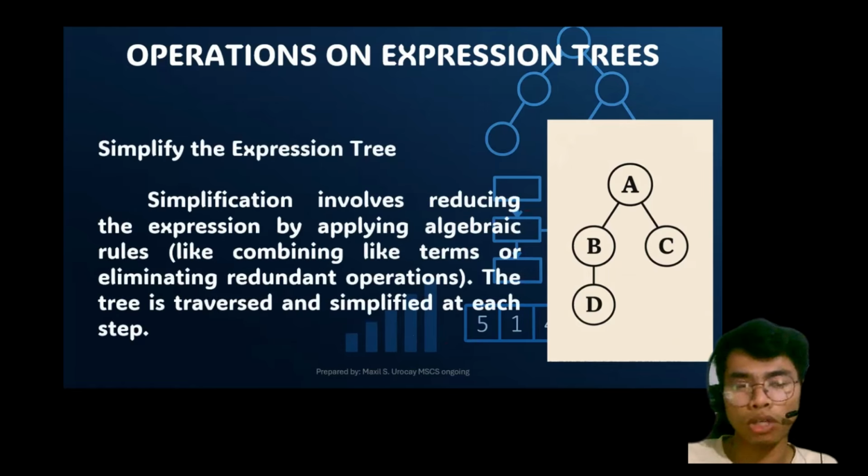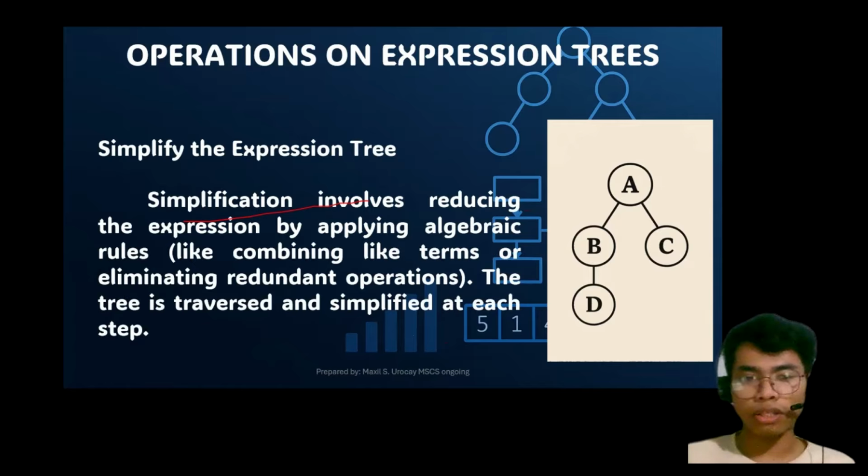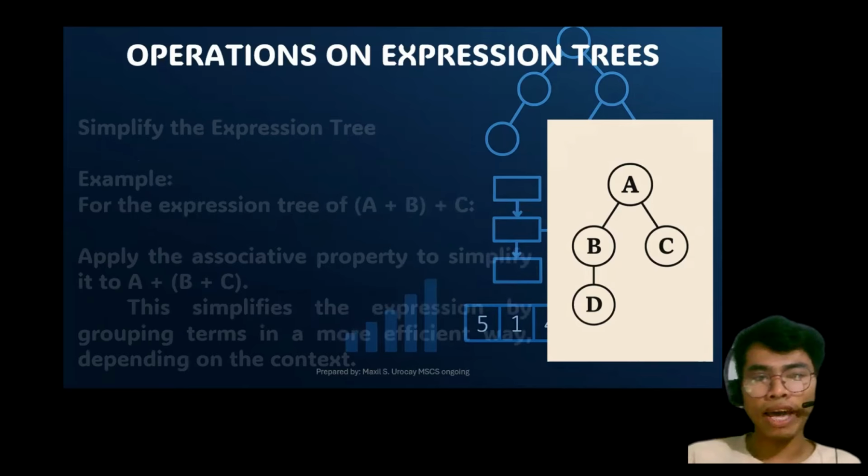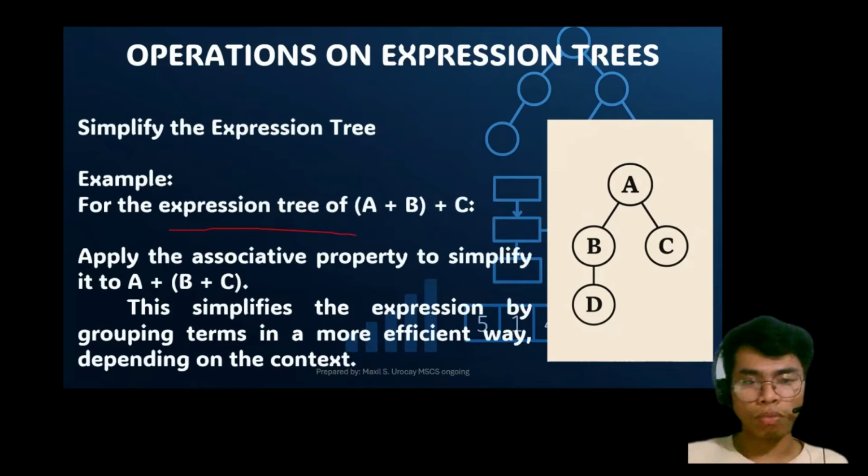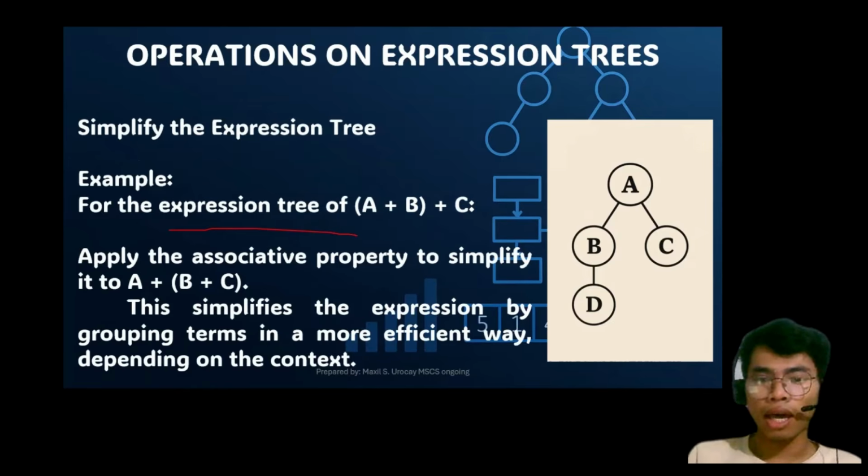Now, simplifying the expression tree. Simplification involves reducing the expression by applying algebraic rules like combining like terms or eliminating redundant operations. The tree is traversed and simplified at each step. So in simplifying the expression a plus b plus c, we can simplify a plus b first, then going to the plus c. So apply the associative property from left to right.